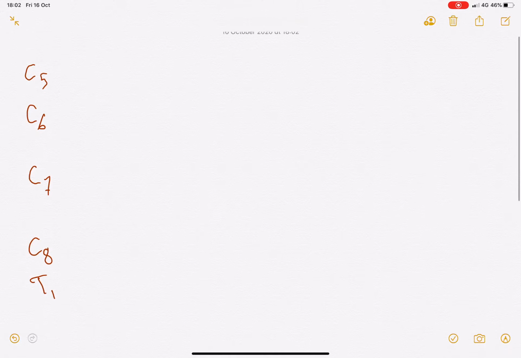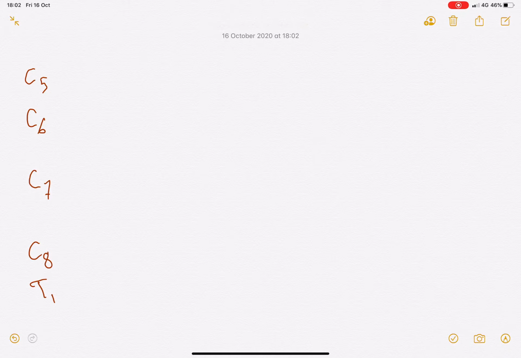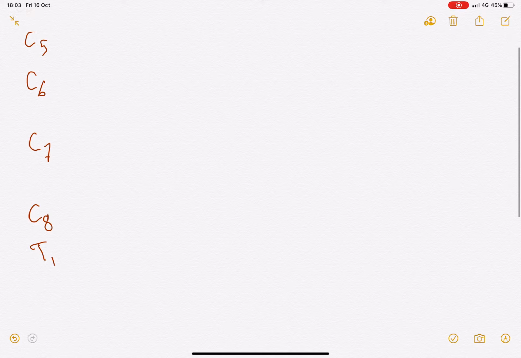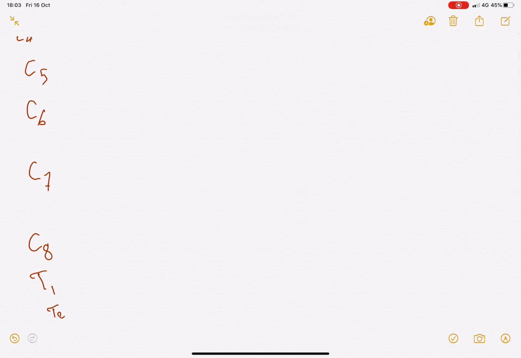In some cases, it can have some contribution from C4. In that case, it is called prefixed, or it could have contribution from T2, and in that case, it's called postfixed.